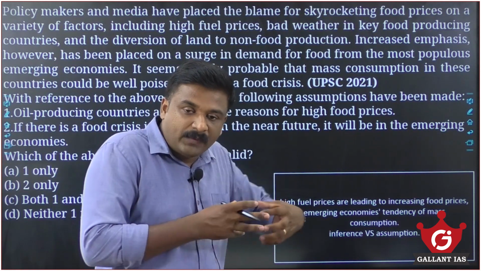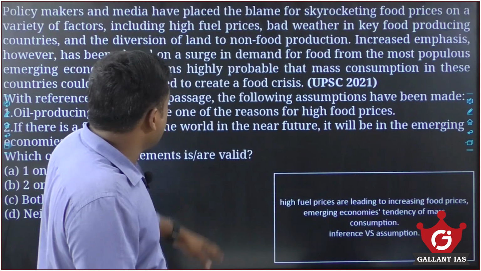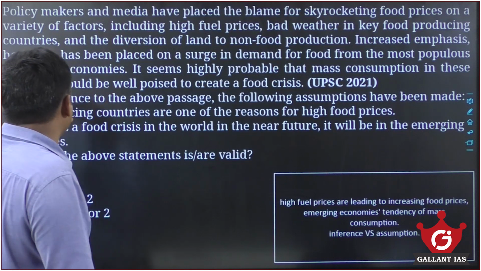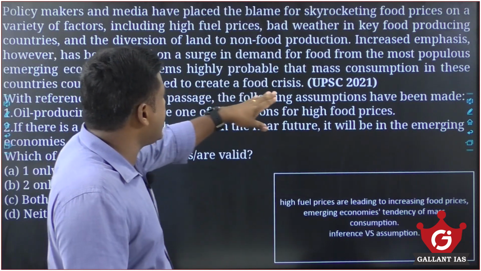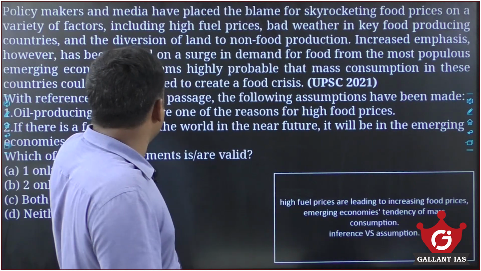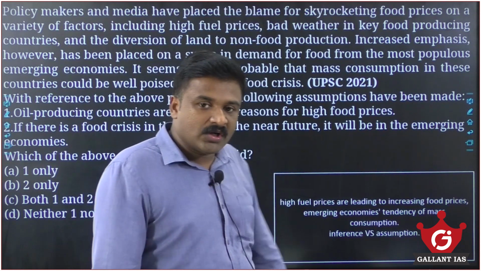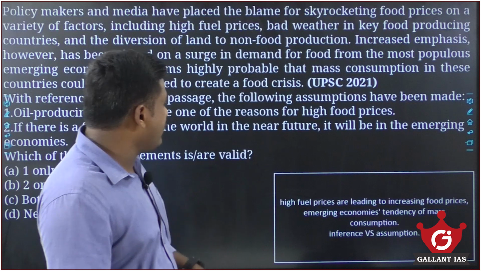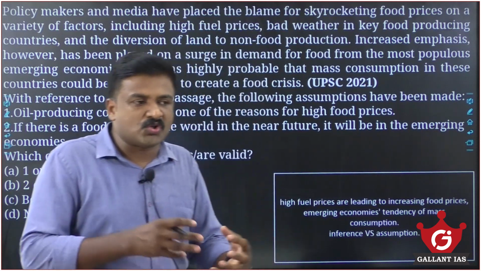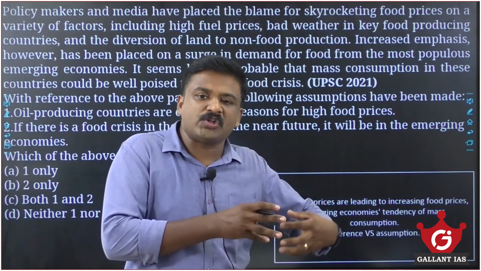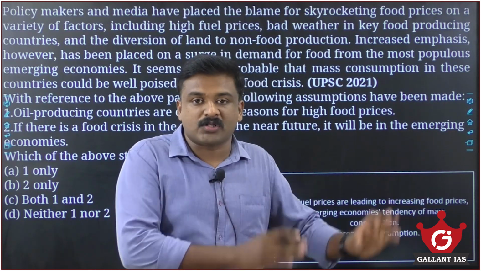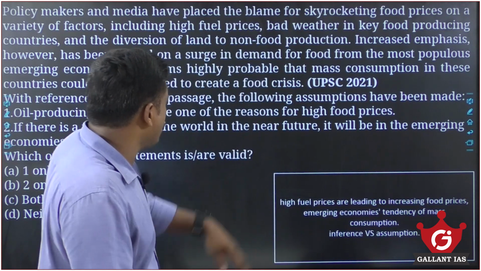It is not that these oil producing countries are the reasons for high food prices. That cannot be assumed from the passage. What they said is a surge in demand for food from the most populous emerging countries. It seems highly probable that mass consumption in these countries could well be poised to create a food crisis. So the reason for high food prices is attributed to this massive scale consumption in such countries. It is not directly such countries responsible for this hike in food prices.